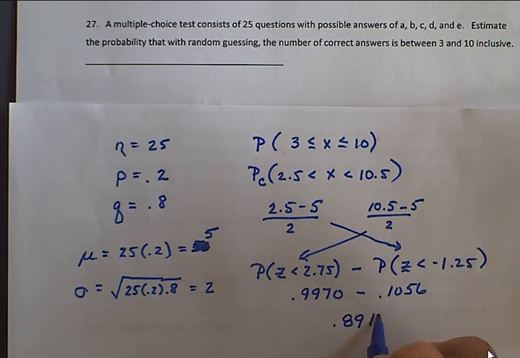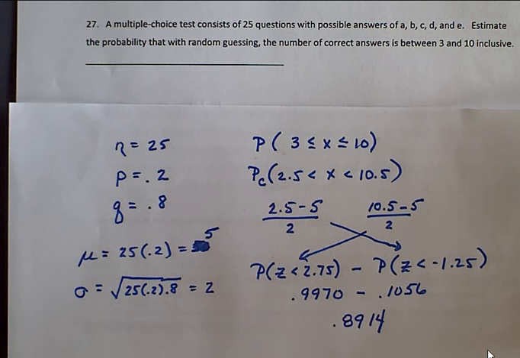Okay, so think about what your results are saying here. I have an 89% chance of getting from 3 to 10 questions correct on this 25 question multiple choice test.